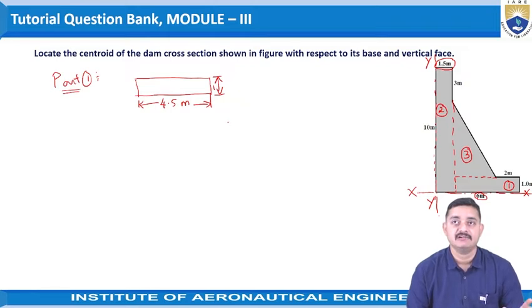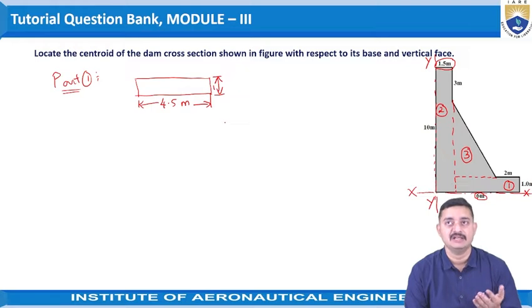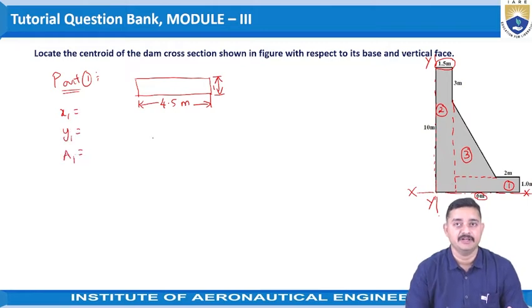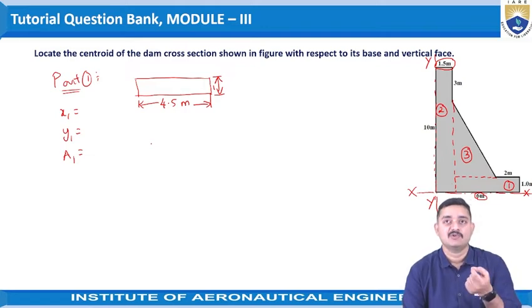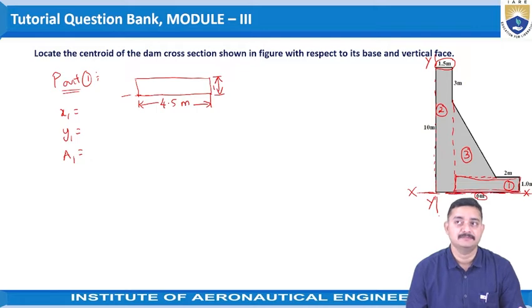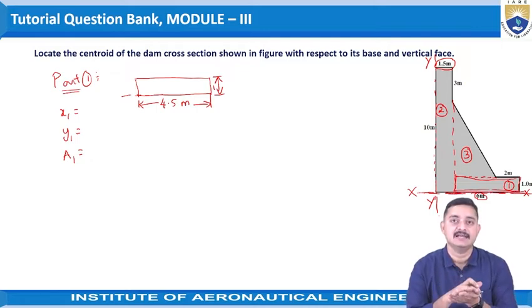So we have the information regarding part 1. Now let us identify the x coordinate, y coordinate and area of part 1. The y-coordinate is the distance of the centroid from the reference axis, which passes along the base of part 1.